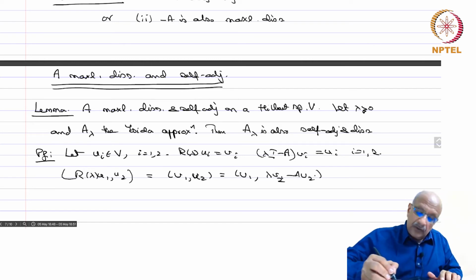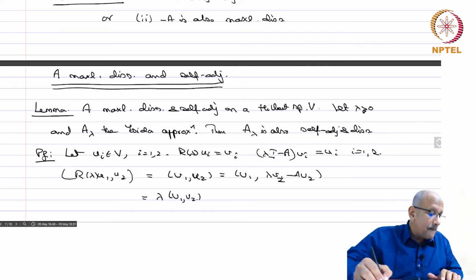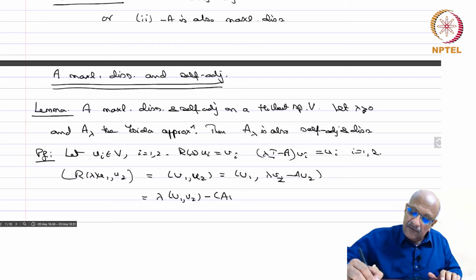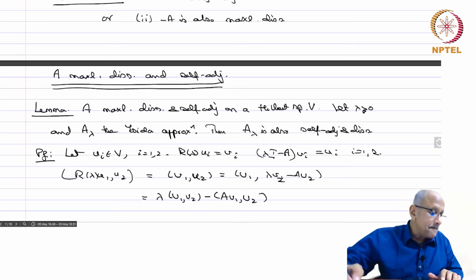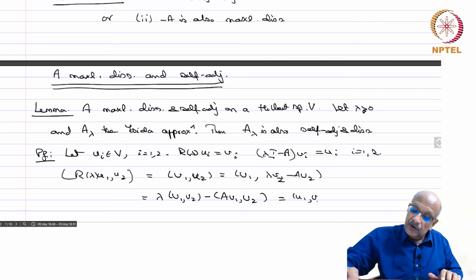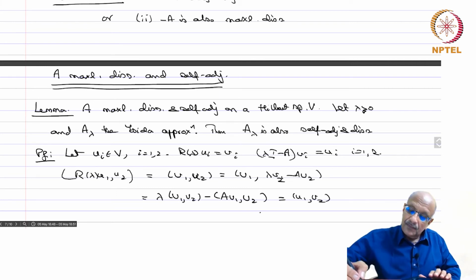So that is equal to lambda V1 V2 minus, by self adjointness, A V1 V2, which is U1 V2, which is equal to U1 R lambda U2.